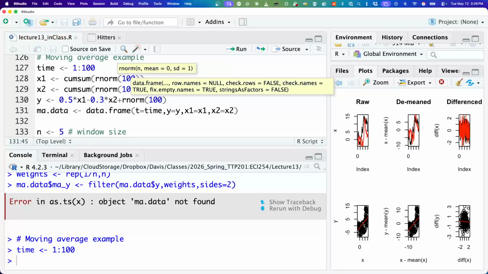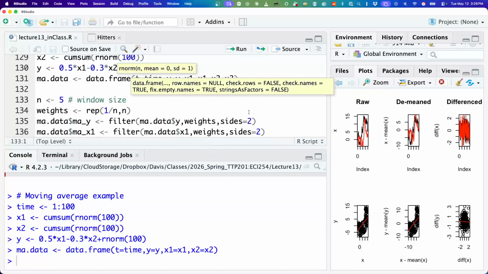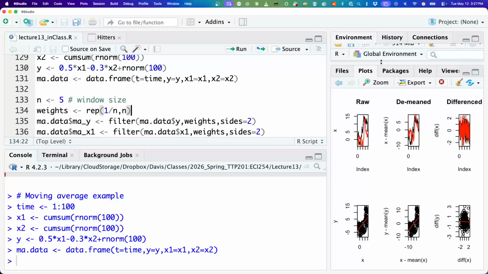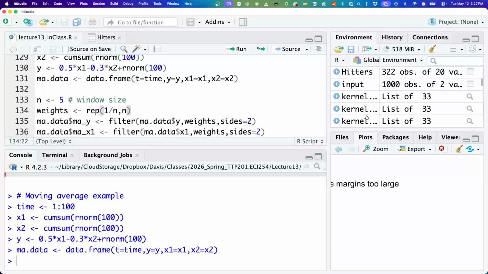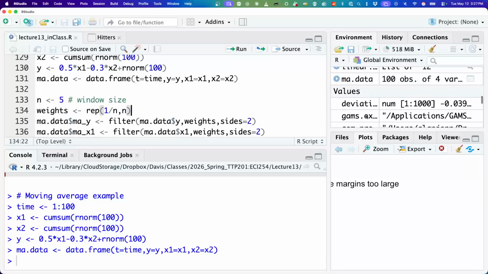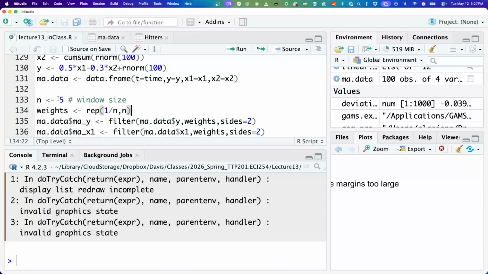Okay, so let's run all this. Where's our MA data? Okay, so we have our time, our x1, which is a cumulative sum of random variables, x2, a cumulative sum of random variables, and y is a function of x1 and x2.